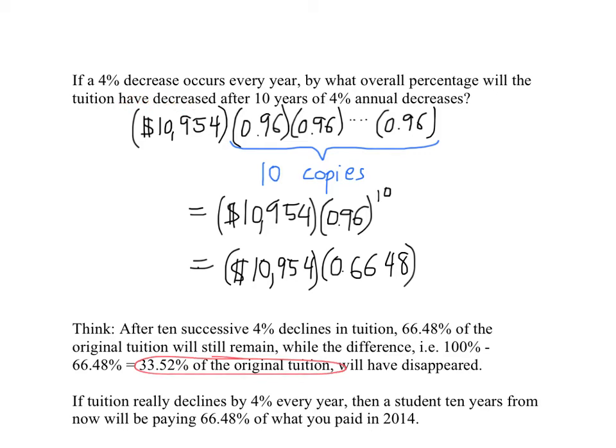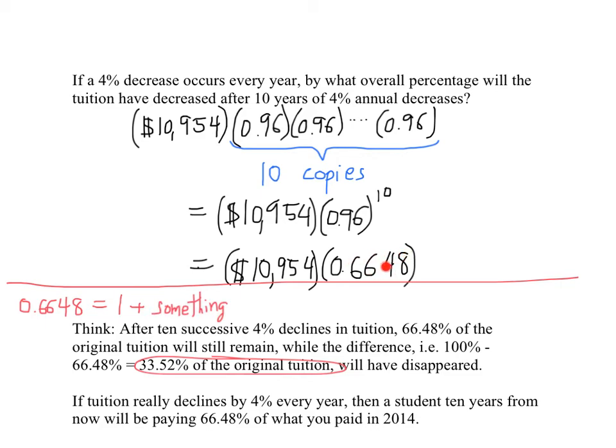If you think that's a little bit tricky, you are not the first one to have that thought. Another way to phrase this is to say that 0.6648 is our growth factor, really a decline factor. Like any such factor, it's really 1 plus something, where the 1 represents one copy of the original, and the plus something represents the change.